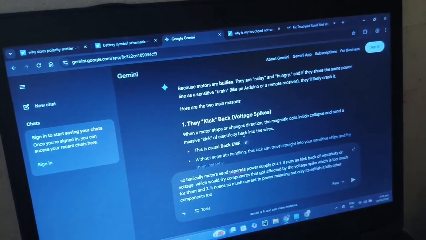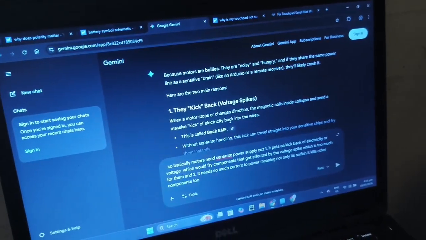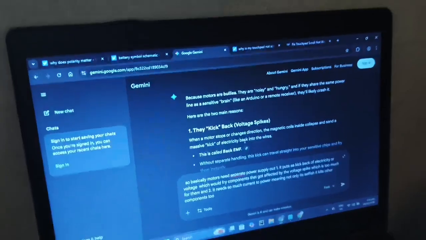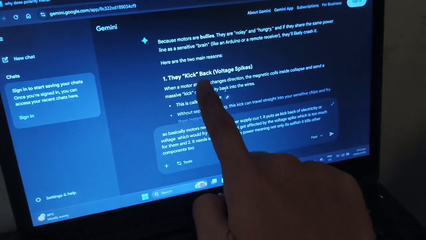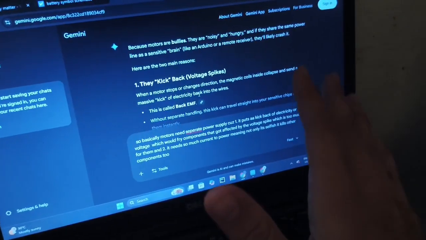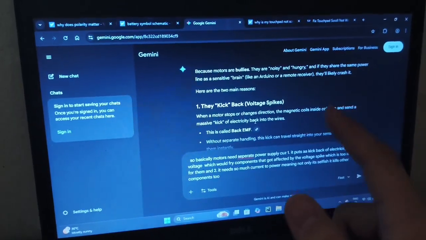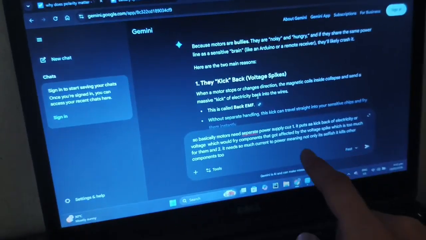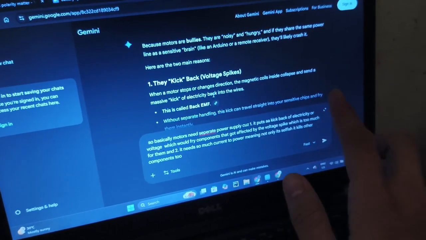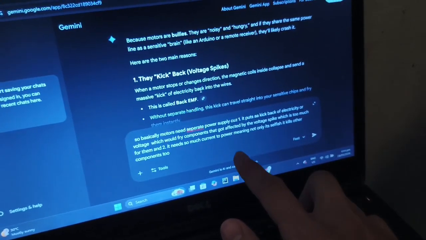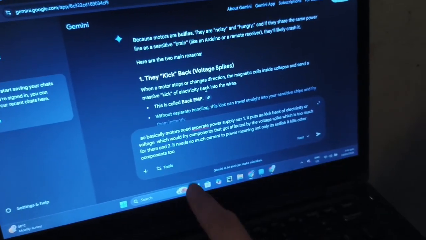There are two reasons the motors need a separate power supply. Number one is the kickback. When a motor runs, it sometimes kicks back a bunch of electricity or voltage, which would fry components affected by the voltage spike, which is too much for them.